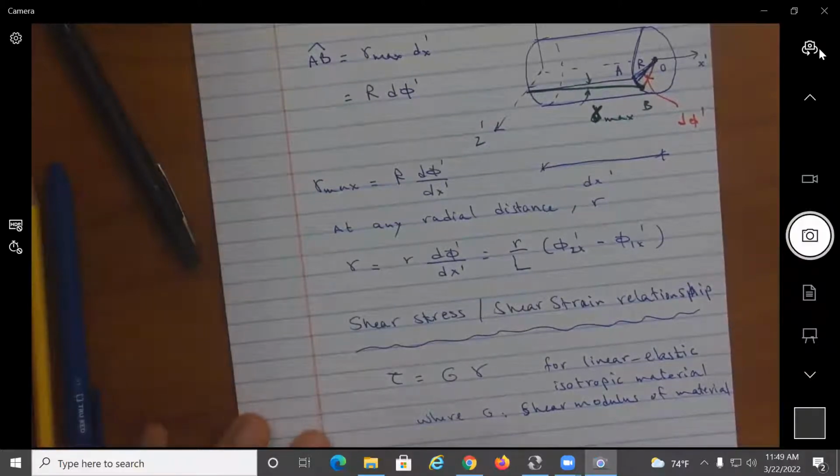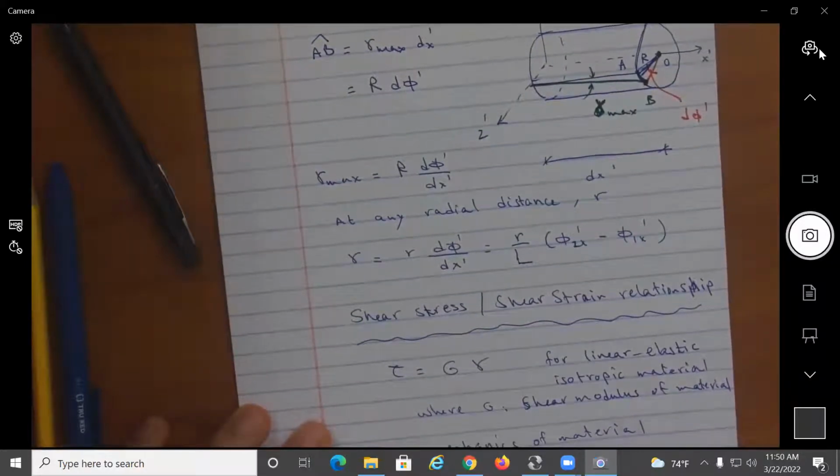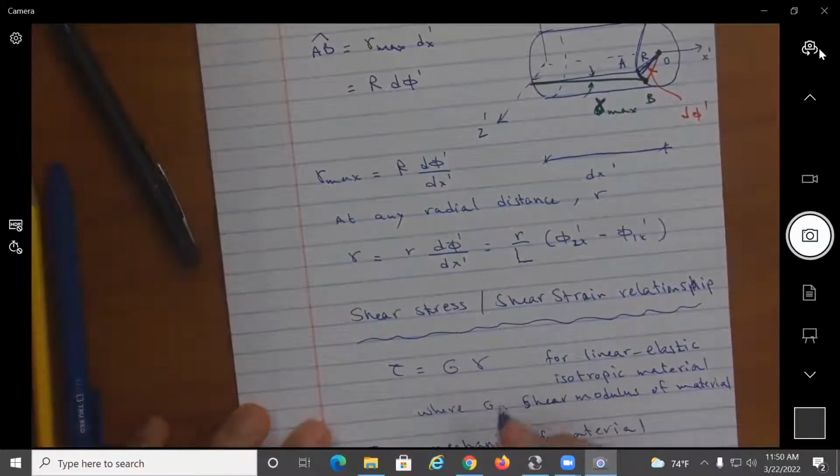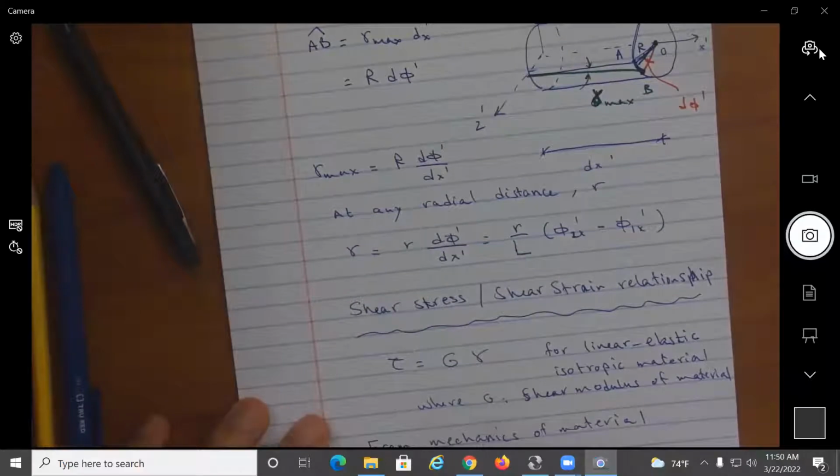From mechanics of materials, we have defined the torque that I'm going to call here mx prime.